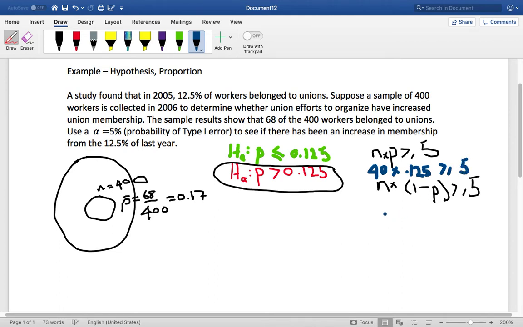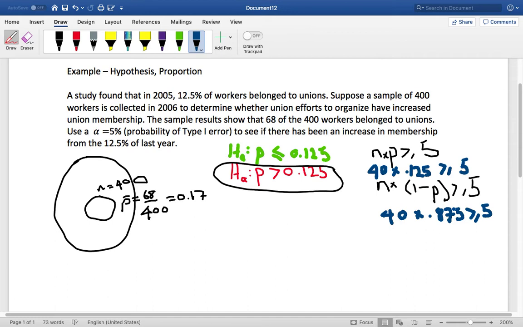So we're good there. And then this is going to be 40 times 1 minus p. Well, if p is 0.125, 1 minus p is 0.875. And again, if you do the calculation, you'll find out that that is indeed greater than or equal to 5. So that means that we can go ahead and actually use the results that we have.